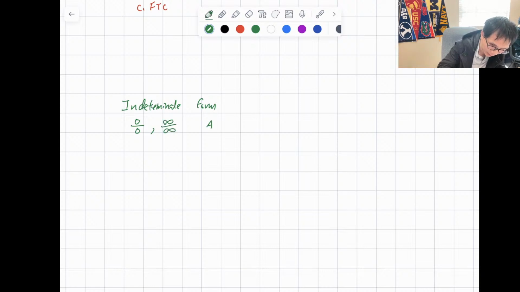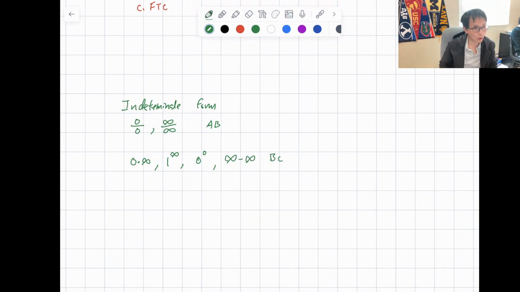This is popular among AB, but it's not all of them. The second one is going to be 0 times infinity. The third ones: 1 to the infinity, 0 to the 0, and infinity minus infinity. We're going to talk about all these cases today, but these cases are going to be on BC.